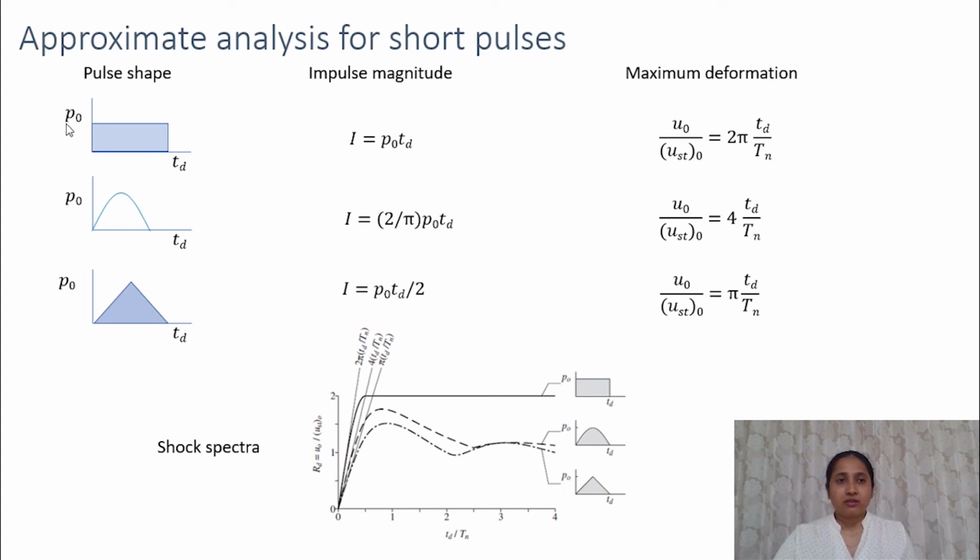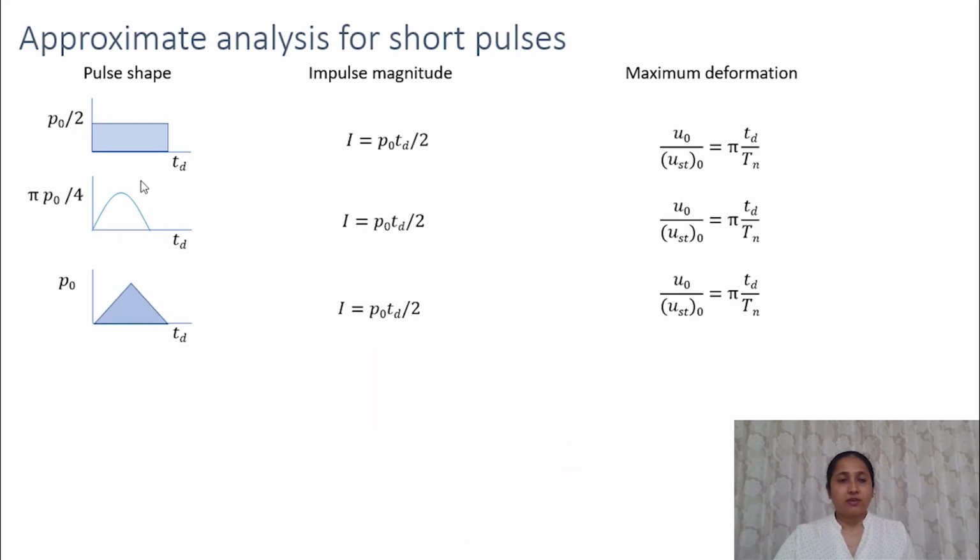Here we have considered pulse shapes with equal amplitude. Now we will consider the same pulse shapes but with different amplitudes, so that the impulse magnitude of all these pulses is the same.